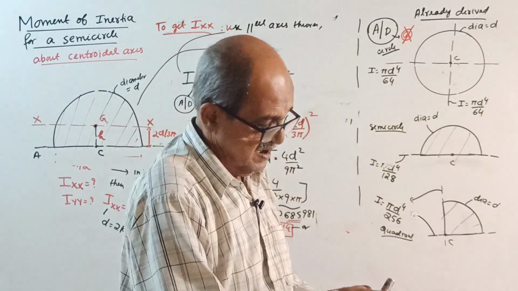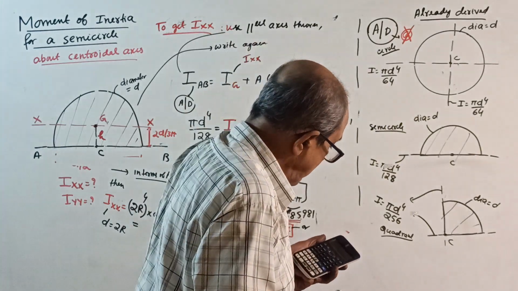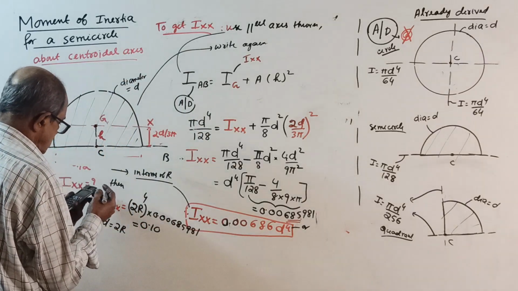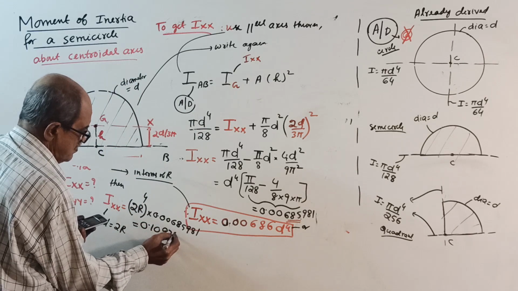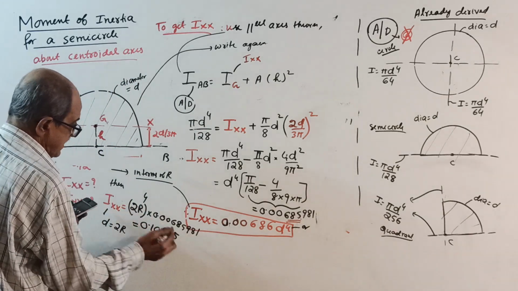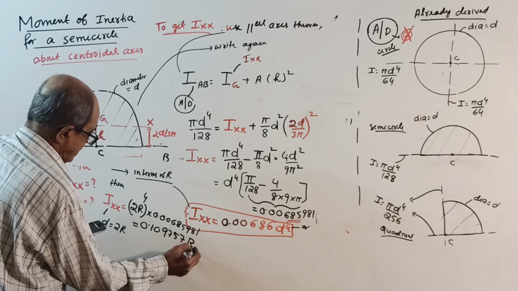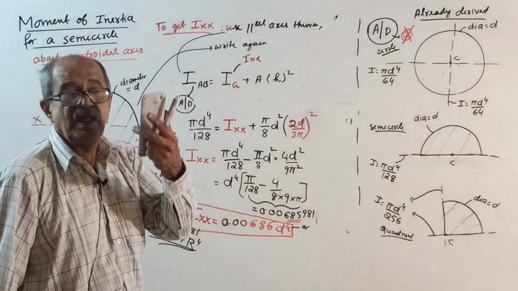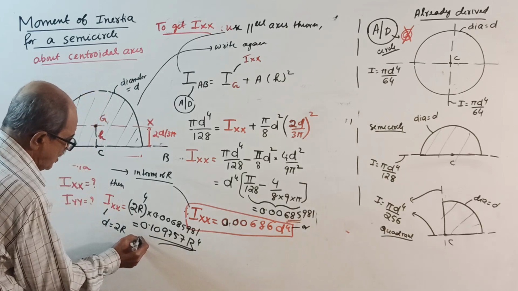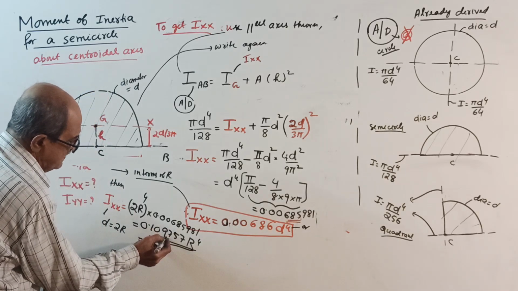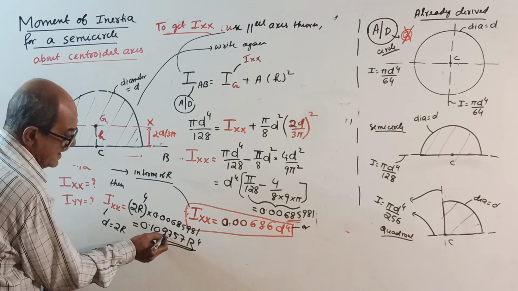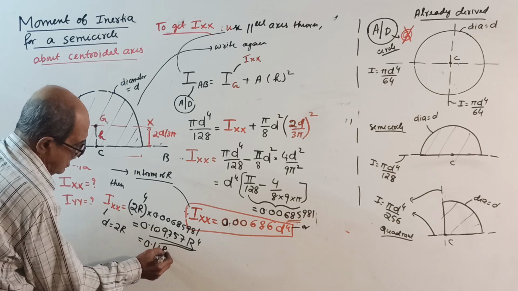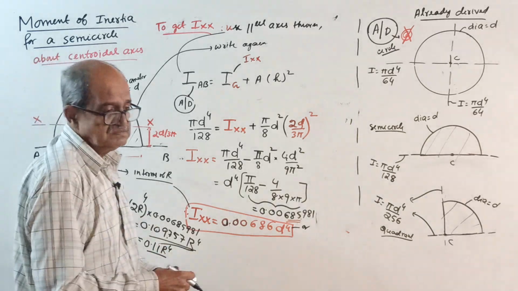What you get is 0.10975 7 times r power 4. But what people most popularly use is three numbers here: this 9 will become 0 and this will become 1, so 0.11 r power 4 is a very popular number.